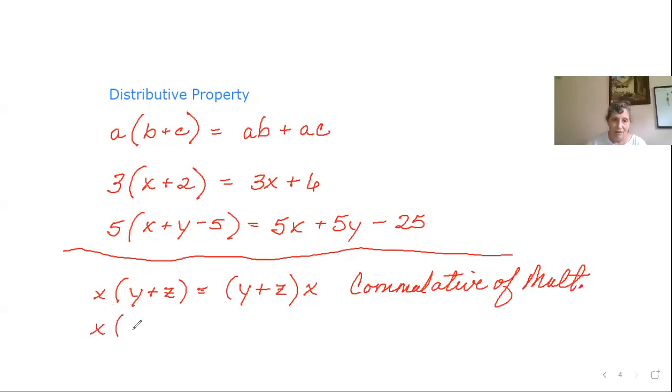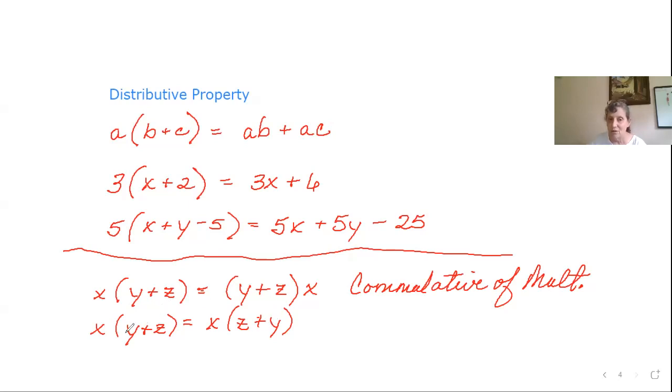What if it had x times y plus z equals x times z plus y? What changed? X is in the same place. Same things are in the same parentheses together.